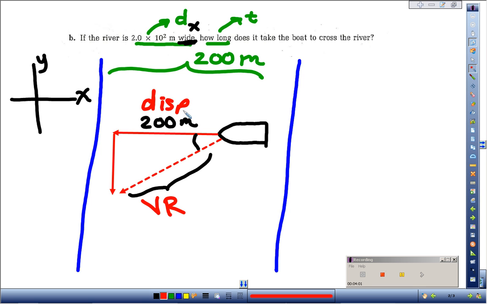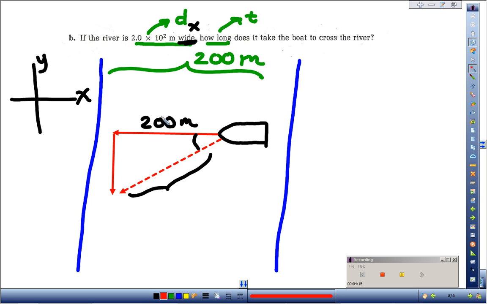They have to all be the same type of vector. So, when you're making your triangle, what I want you to realize is that the displacement in the horizontal direction is completely independent of the displacement in the vertical direction. And so is the velocity.